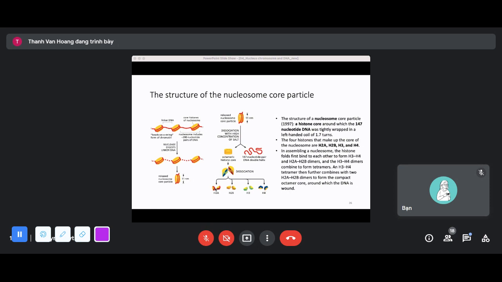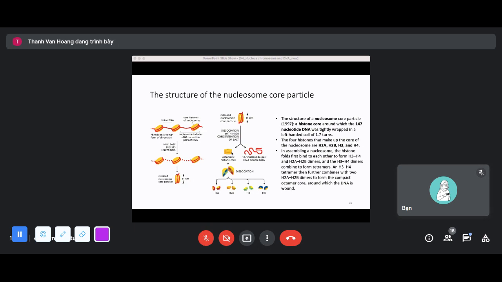Histone 2A and 2B interact with each other to make a tetramer, a molecule that consists of 4 units. Okay? The 2 histone 3 and 2 histone 4 make up another tetramer. And these 2 tetramers make an octamer. This is the histone core.